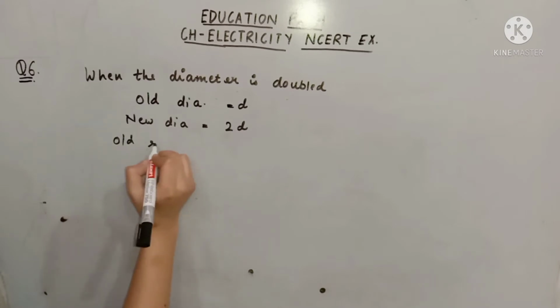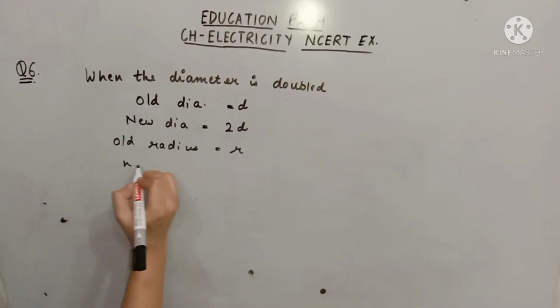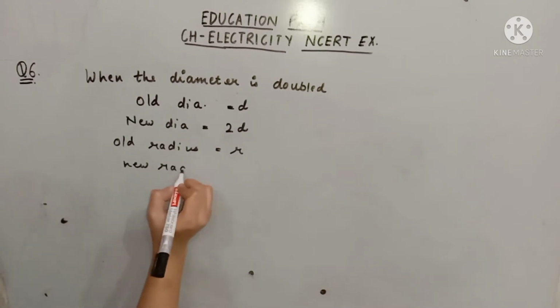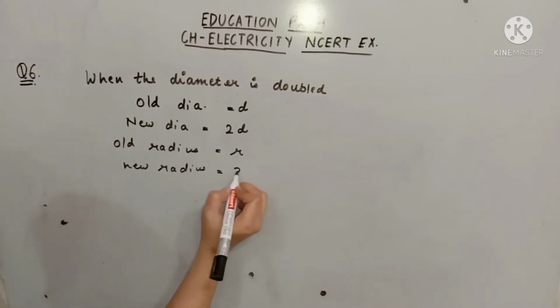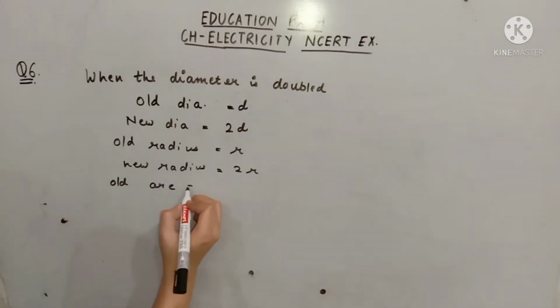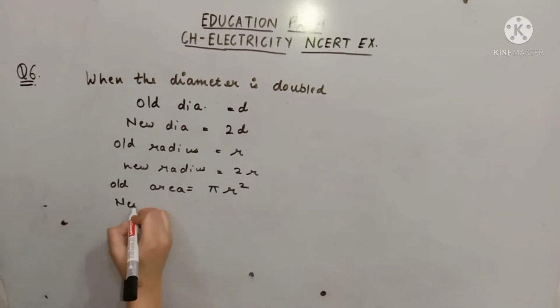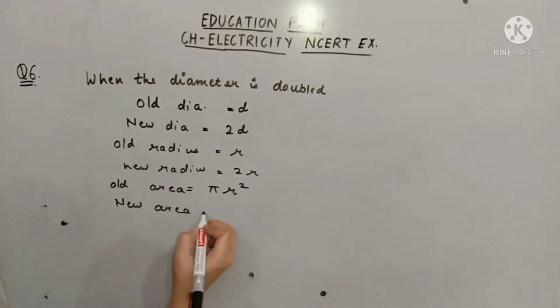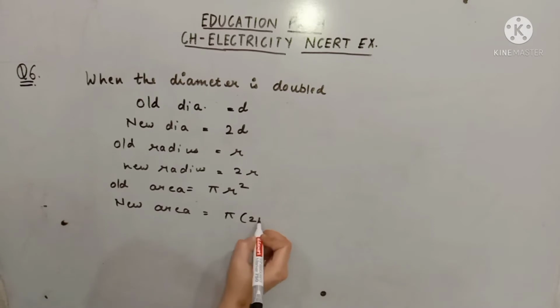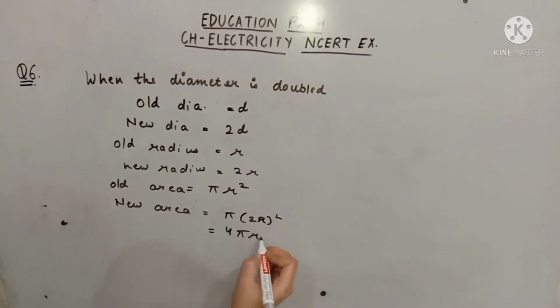Old radius was R, so new radius will be 2R. Old area is pi r square. New area will be pi into 2r square, which is 4 pi r square.